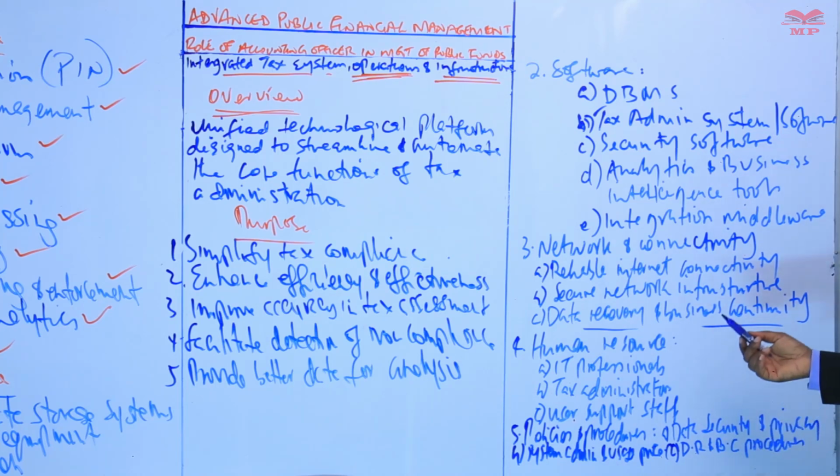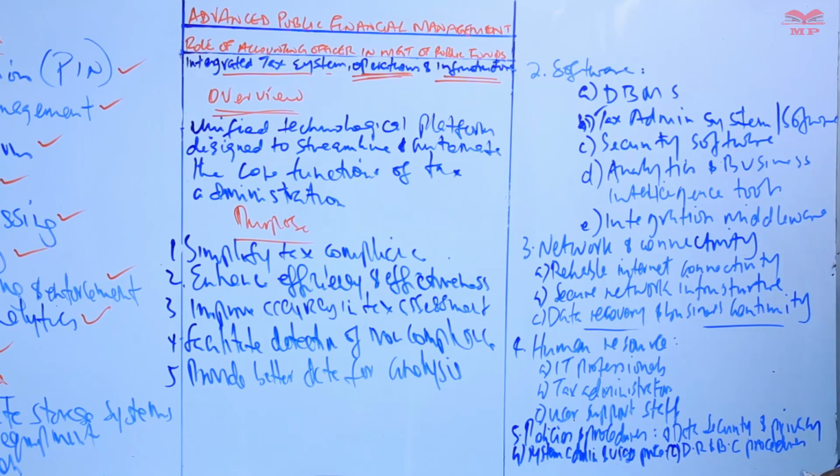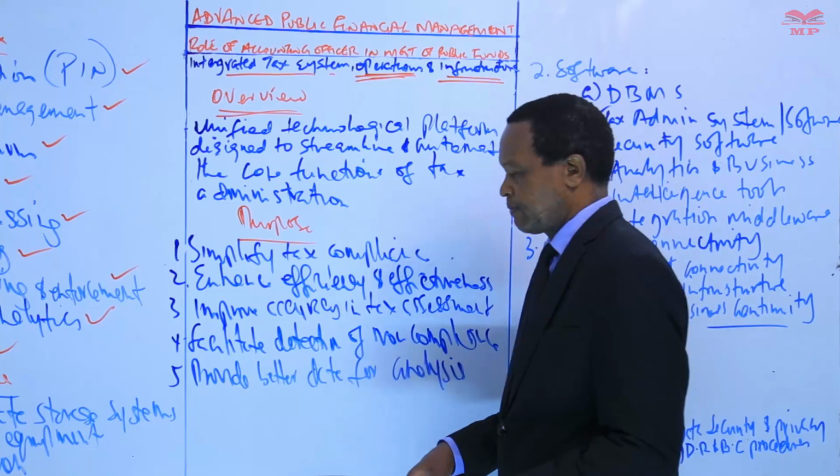These are documented plans for responding to system disruptions and ensuring the continuity of critical tax administration functions. So candidates, this is the infrastructure that is required to develop and to maintain an integrated tax system.